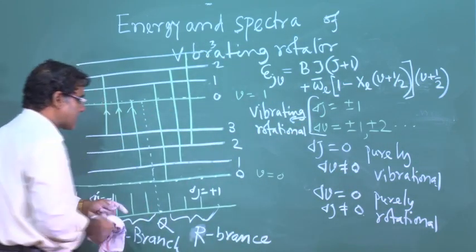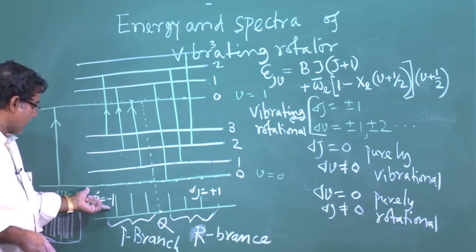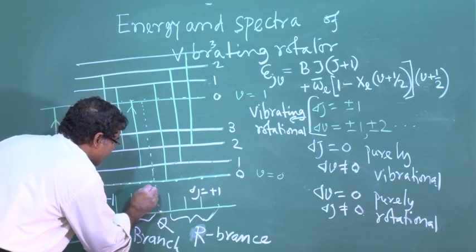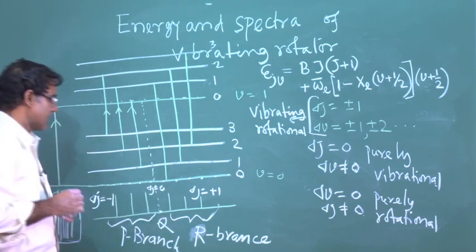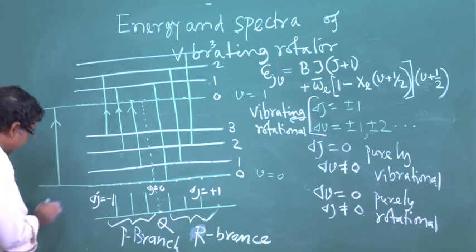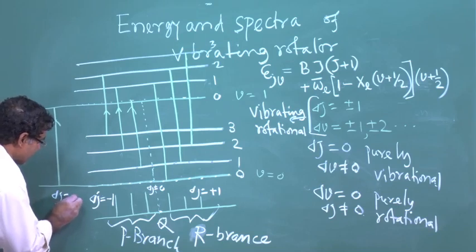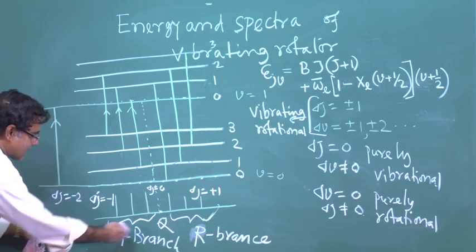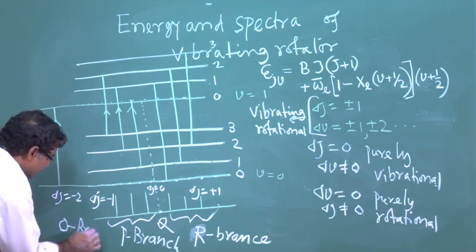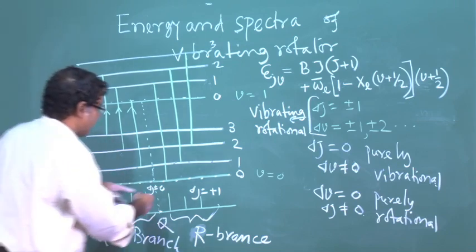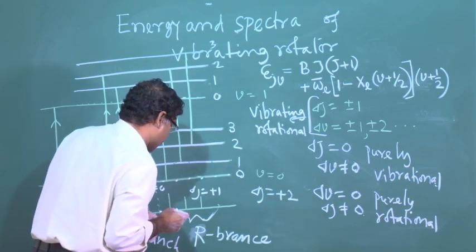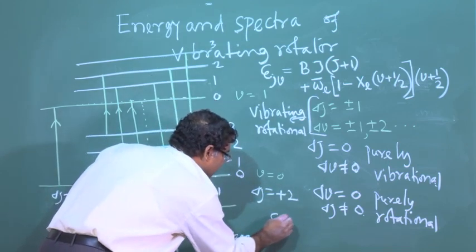If there is a violation of this, for del j equal to 0, it is Q. And if del j equal to -2, then it is extended, and it is called the O branch. If del j equal to +2, then it is called the S branch, okay.